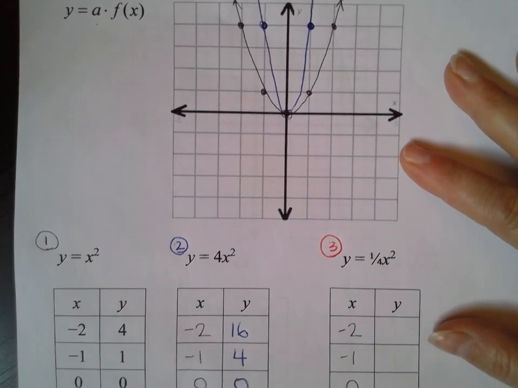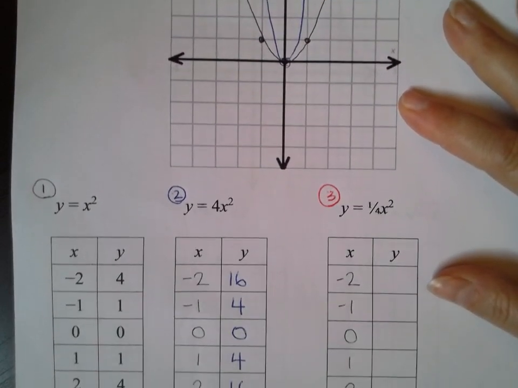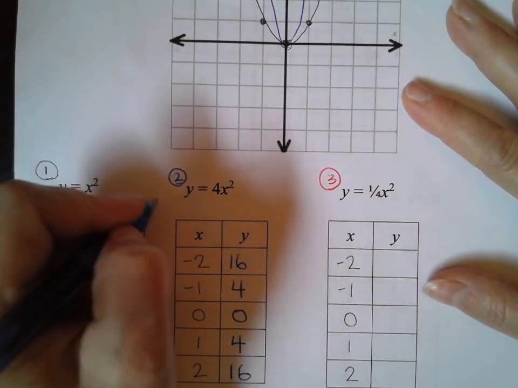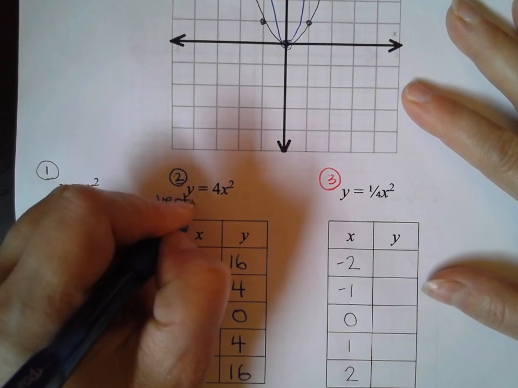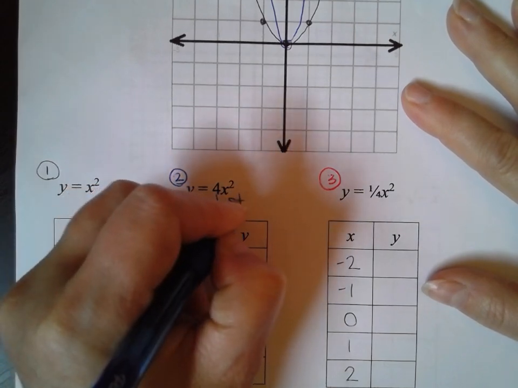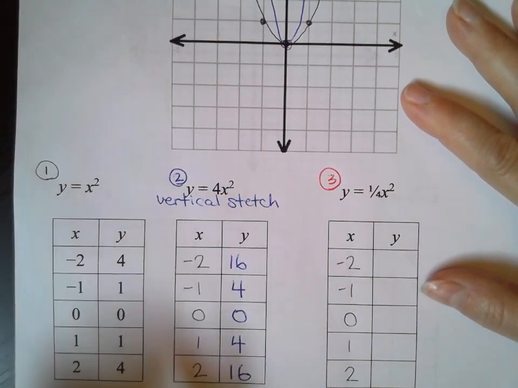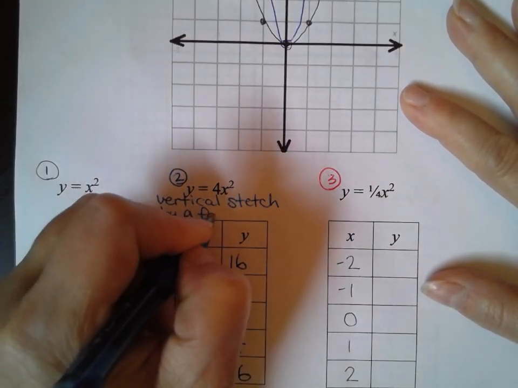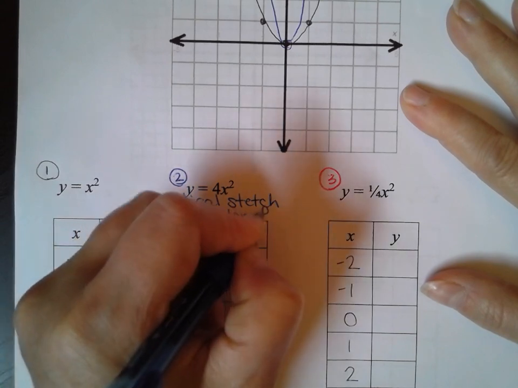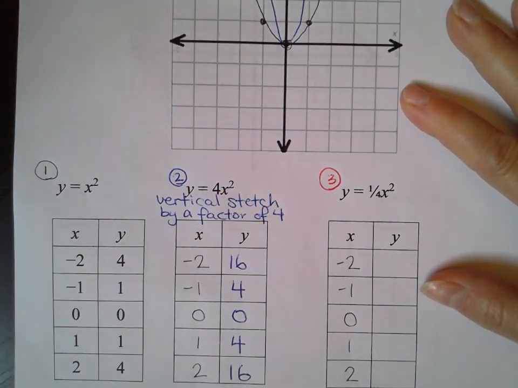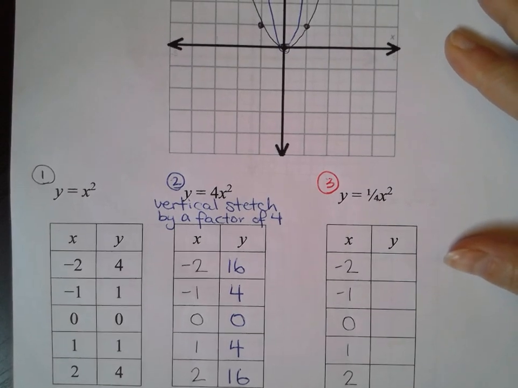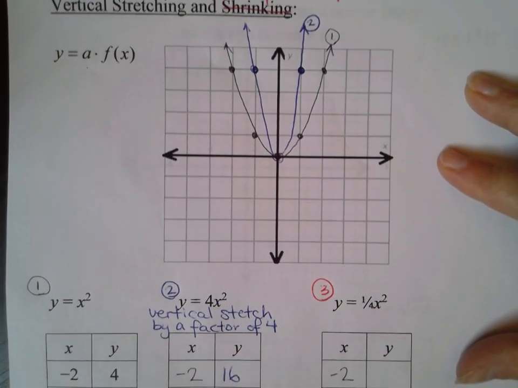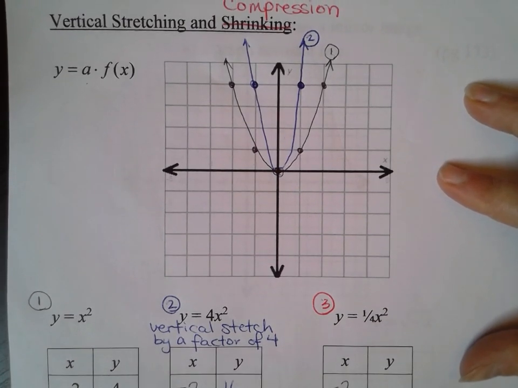And the way that we would describe that in words is we could say that there is a vertical stretch by a factor of 4. Okay, so you can see that being stretched, and we get a shape that looks like that.